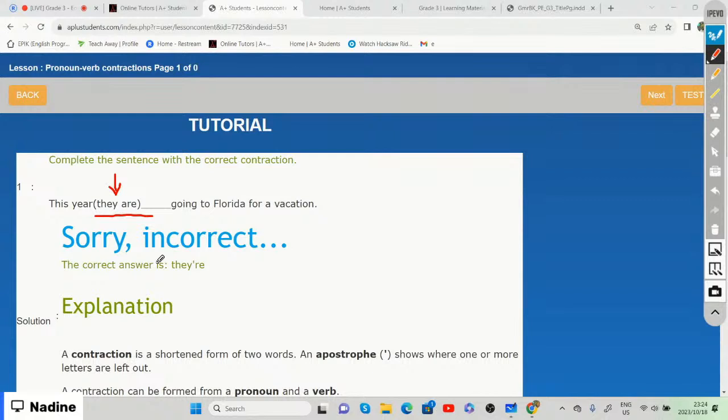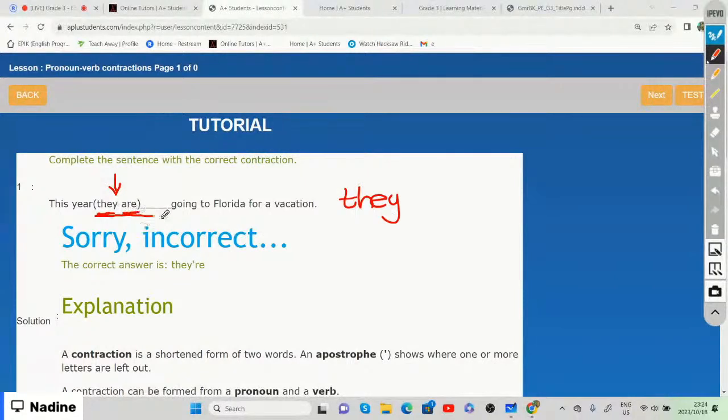Yes. If we write the contraction of they are, remember we said that the first word, the pronoun, stays the same. The word that we are going to shorten is the verb, which is are or is.